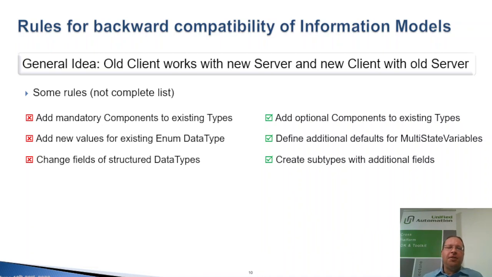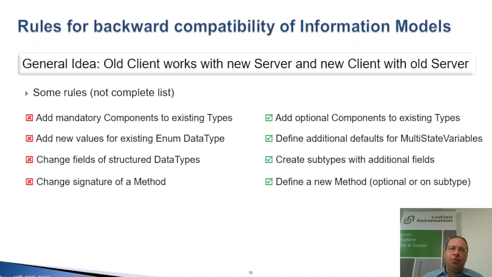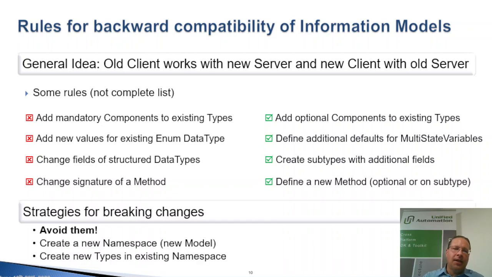You're of course not allowed to change the structure of a data type. But you can create subtypes with additional fields, which can then be used to expose more information. You're not allowed to change the signature of a method, but you can add a new method in addition to the existing one, either on a subtype or optionally on the same type, which has a different signature.